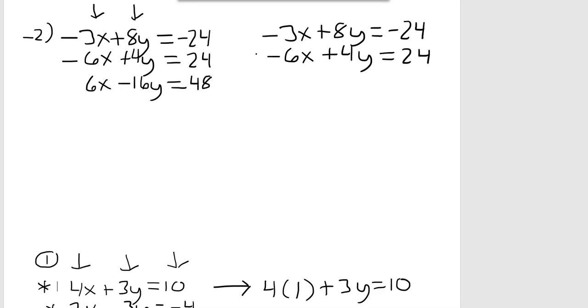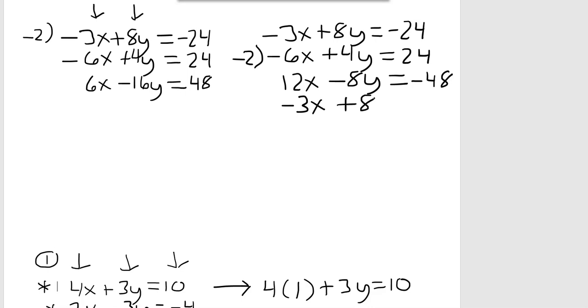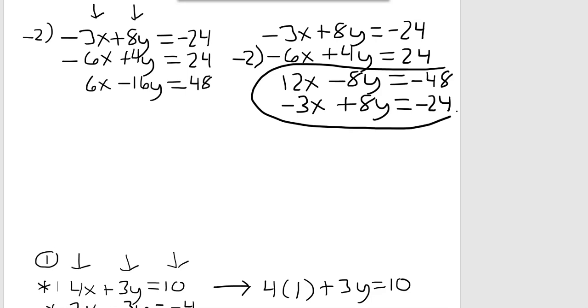Okay? We could also, we have the original two equations, we could also times the bottom equation by negative 2, which would give us 12x minus 8y equals negative 48. And then our first equation was negative 3x plus 8y equals negative 24. So now when we add those two together, the y variable will drop out.